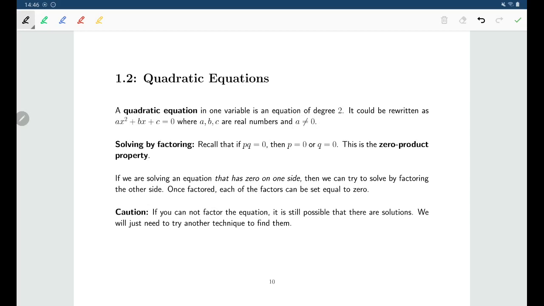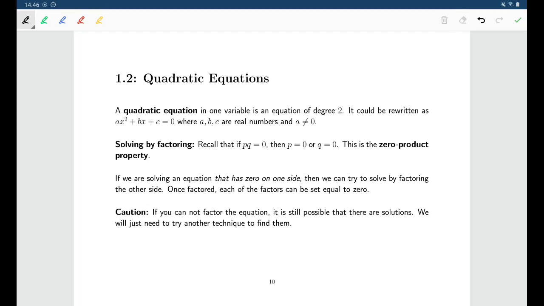Now, one way to solve quadratic equations is using factoring. Remember that if you have two things that multiply together to give you 0, then that means that one or the other or both need to be 0. This is the zero product property.